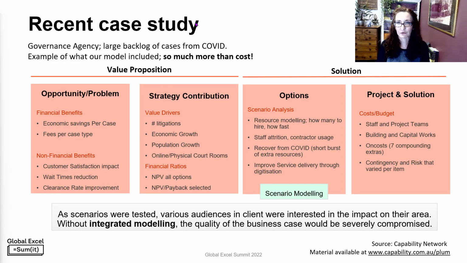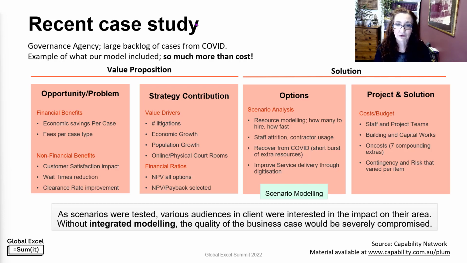So I'd like to take you through now a recent case study that I've been working on with the Capability Network, and this is for a governance agency here in Australia, for a state government tribunal, and they came to us saying that they had a large backlog of cases from COVID. The wait times were too long, and the urgent problem was to reduce the backlog of cases.